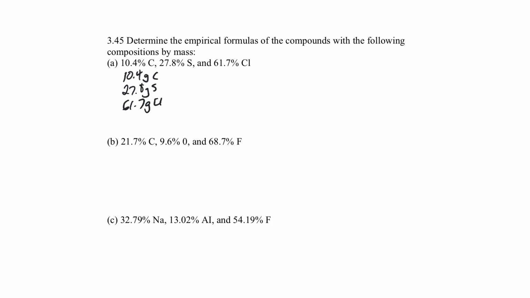Now, if you remember, in order to get a ratio, which is the formula, I'm not interested in weights, because every element has a different mass. Every element has different numbers of protons and neutrons. So 20 grams of this and 20 grams of that isn't the same amount.